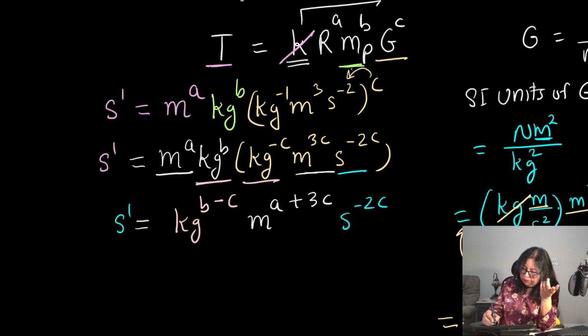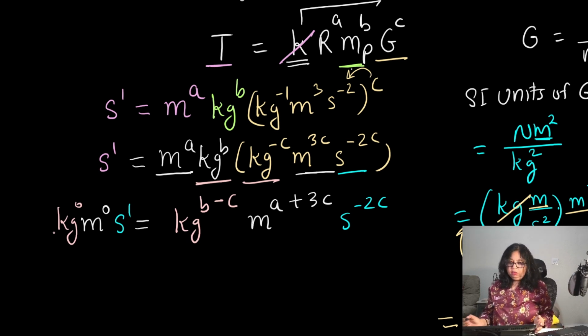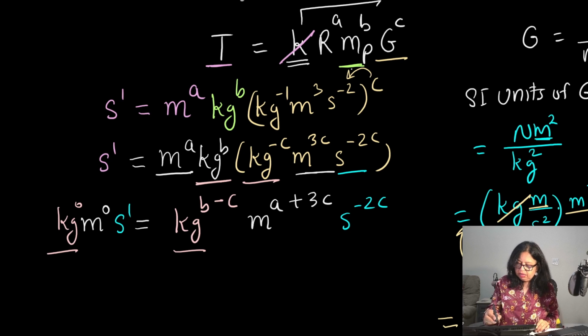For meters, what do I have on the left side? To the power 0. Kilograms, what do I have on the left side? Kilograms to the power 0. I'm writing kilograms to the power 0, meters to the power 0 on the left-hand side just so I could equate them.